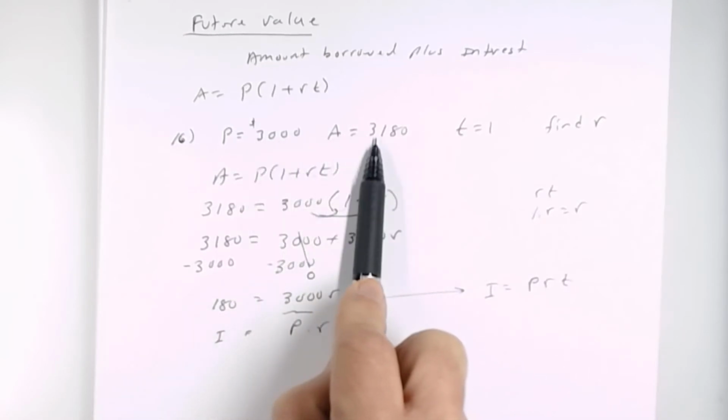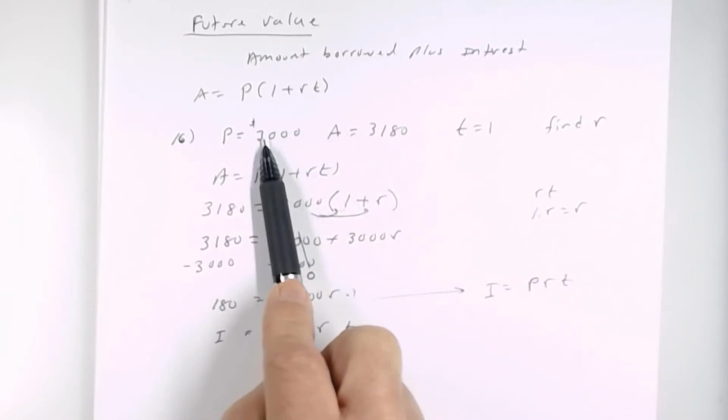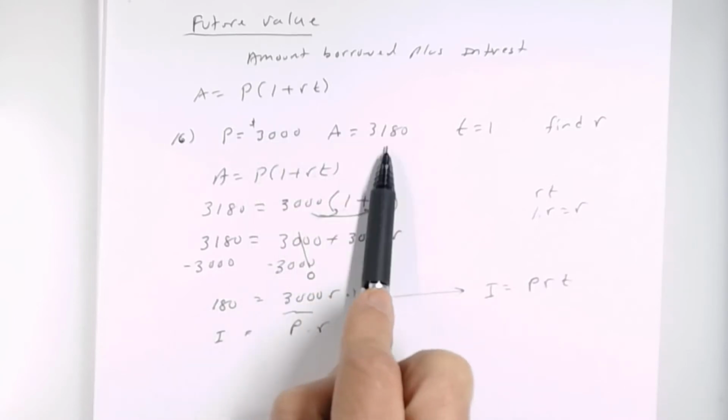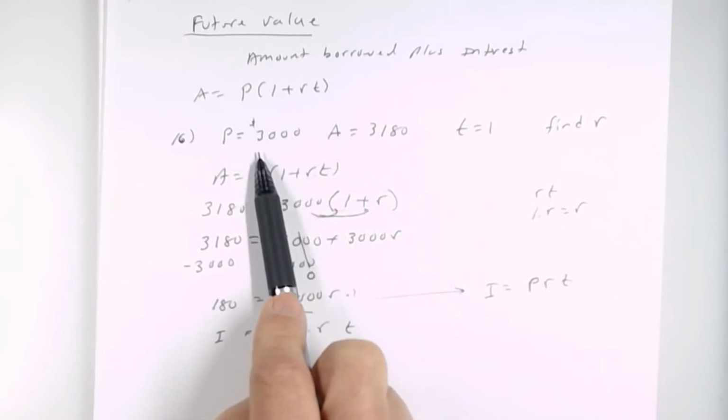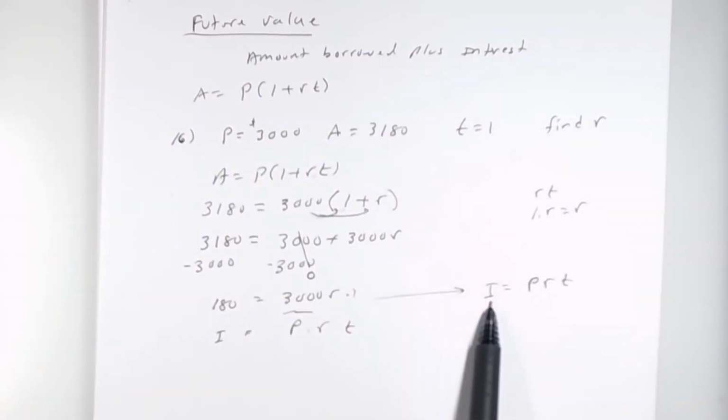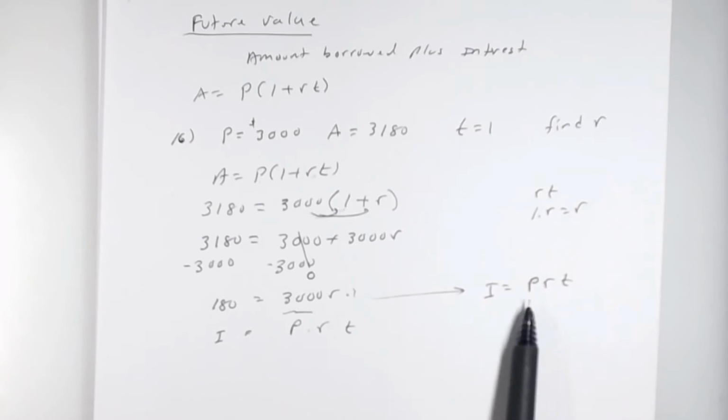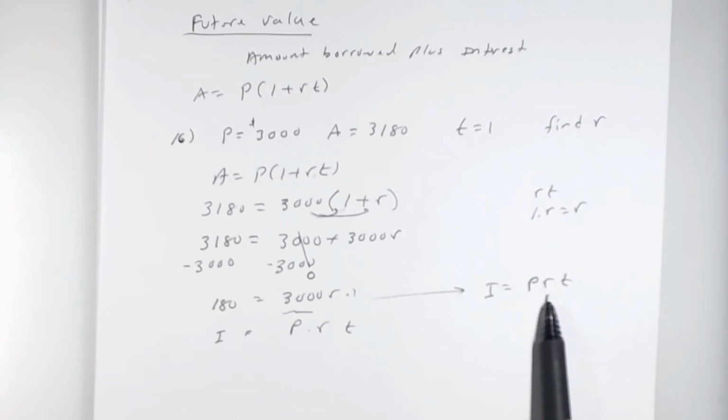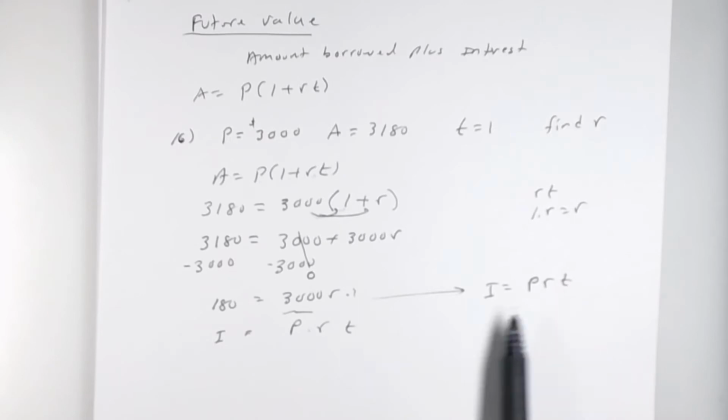What's 3,180 minus 3,000? 180. That's what this is. So 180 equals the principal. What's the principal? 3,000 times the rate, which is what you're trying to find, times t. And what's t? 1. And that's what this is.